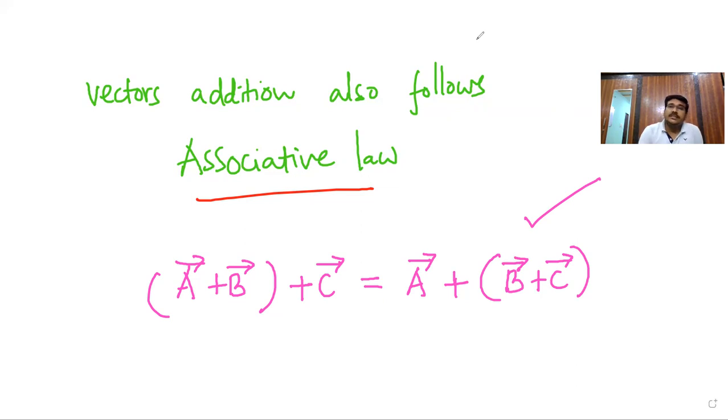Okay. Now let us see how it can be shown. Observe. This is A bar vector. Okay. Now I want to add to the A bar a vector B bar. This is tail and this is head of the first vector, tail and head of the second vector B bar.